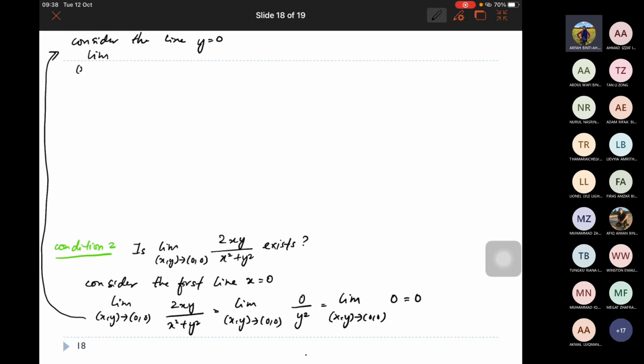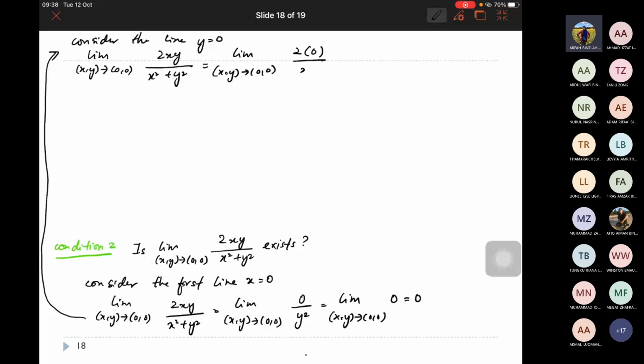The limit of xy approaches 0, 2xy over x squared plus y squared equal to the limit of xy approaches 0, 2 darab kosong over x squared equal to the limit of xy approaches kosong akan sama dengan kosong.